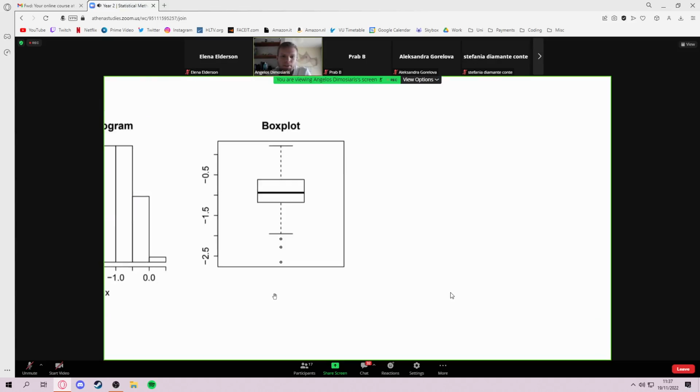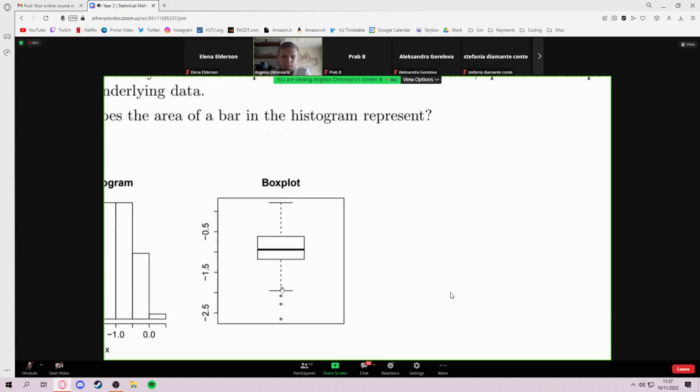So I think I can zoom in. Yeah. So if you see the length of the whiskers, these lines here are about the same, I would say. And inside the box, the median, this line here, is about in the middle of the box.